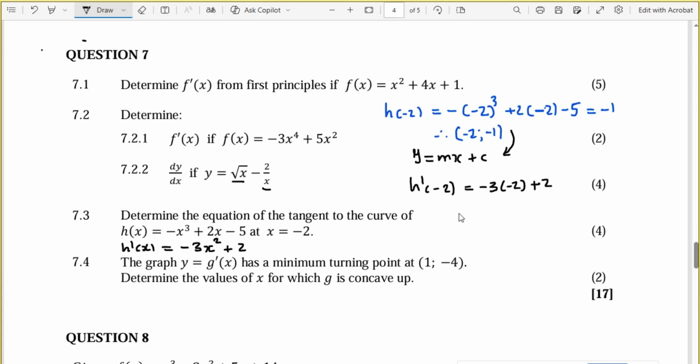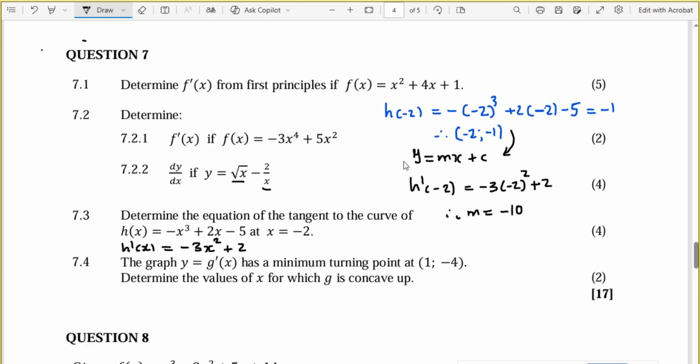Therefore, the answer that you get is going to be your gradient. This is -3 times 2 squared, which is 4, and then 4 times 3, that's -12 plus 2, that's -10. That is the gradient.